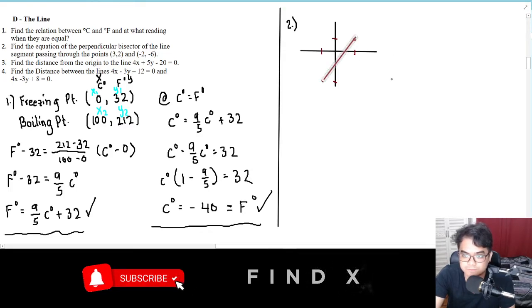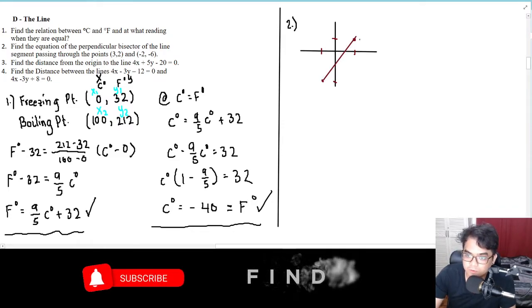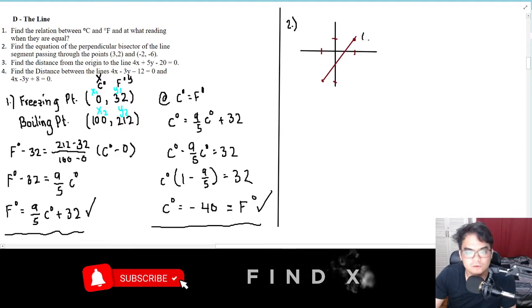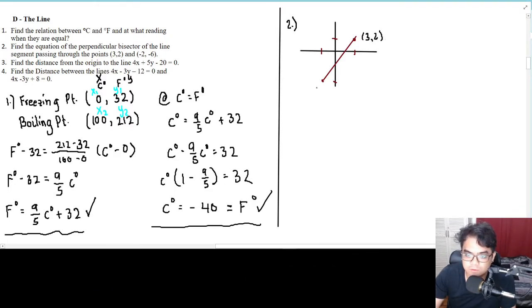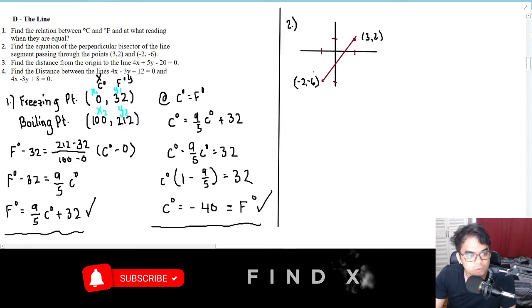Connecting those two, the line will look something like this. So this point is (3, 2), and then this one is (negative 2, negative 6). We are asked to find the equation of the perpendicular bisector of the line.